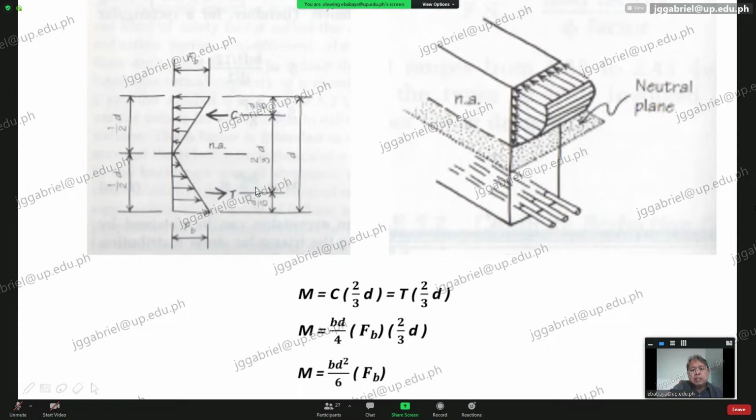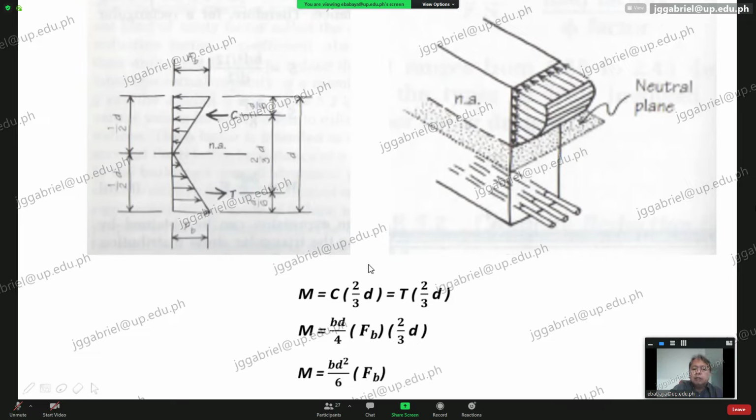Because this one is D over 6, or 1/3 of D over 2. 1/3 of D over 2 is D over 6. And then therefore this is 2/3 of D over 2. Times 2, that would be 2/3 of D. That's why this becomes your 2/3 D.